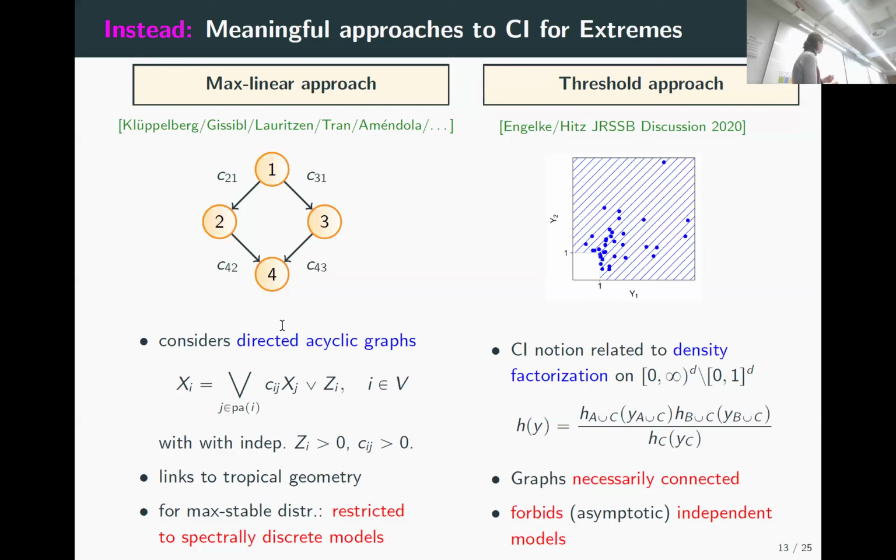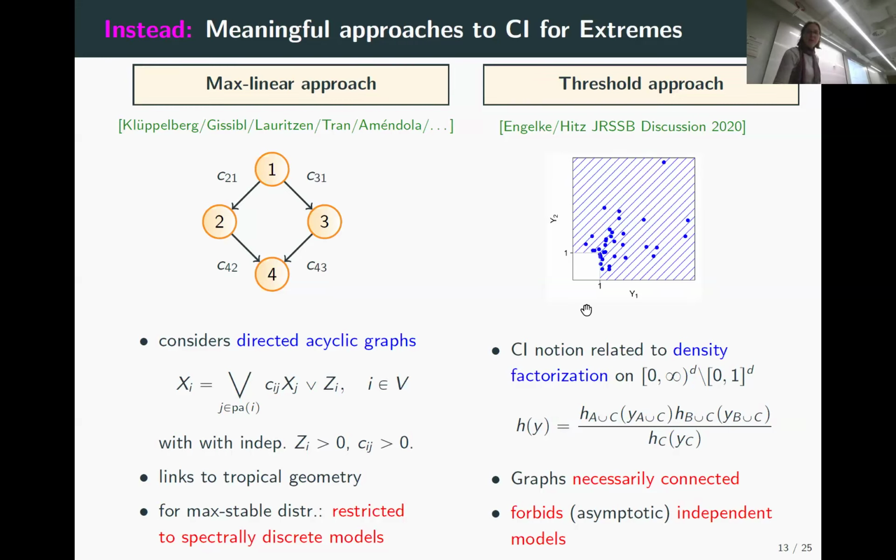The measures you get from these max-linear models live on rays through the origin, so they do not really resemble data very well. One has to give them some additional tweak to fit them to data in a meaningful way. They don't lend themselves to natural frequencies.